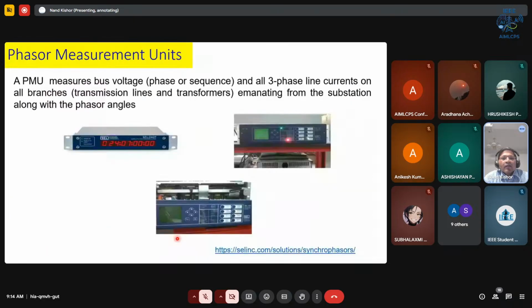This is how it looks. Most of the PMUs in their installations measure the bus voltage or the phase sequence, and all three phase line currents, from different substations.